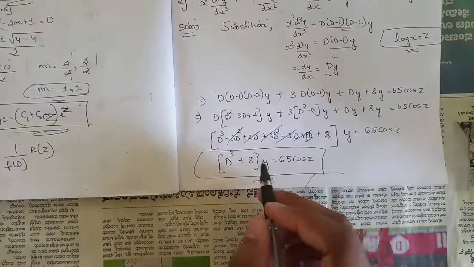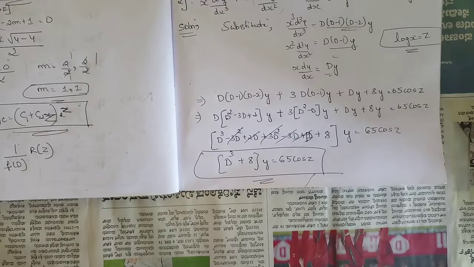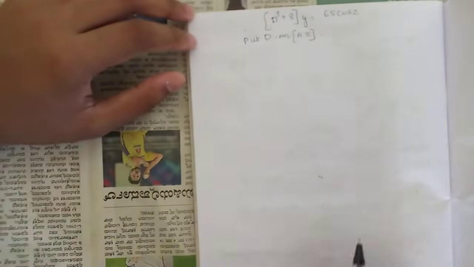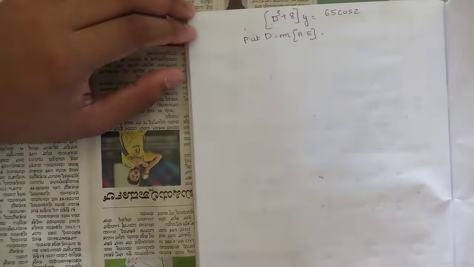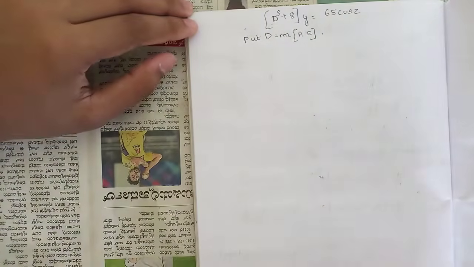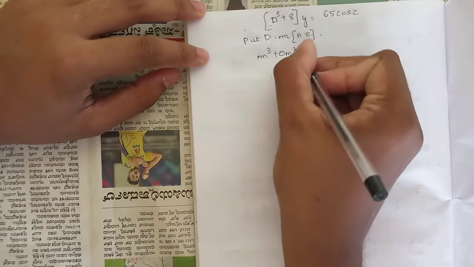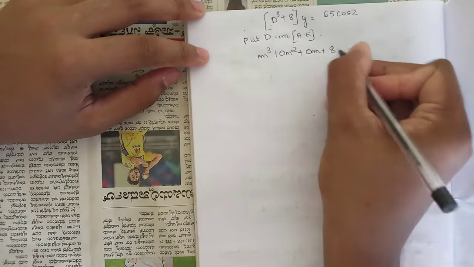Now for this, again the same thing, we need to replace D by m and solve for the complementary function. This would be m cube plus 0m square plus 0m plus 8 equal to 0.